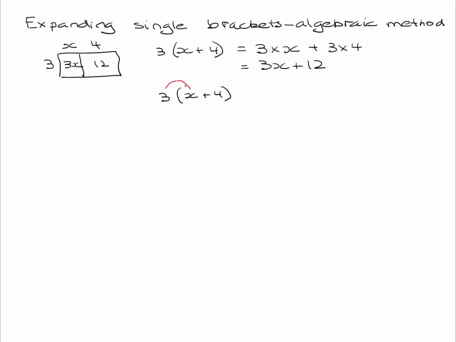So we have 3 times x and then we have 3 times 4. And as we saw before, that's equal to 3x plus 12.